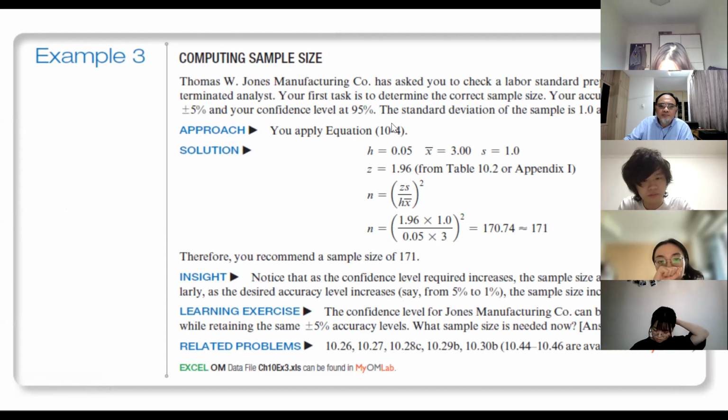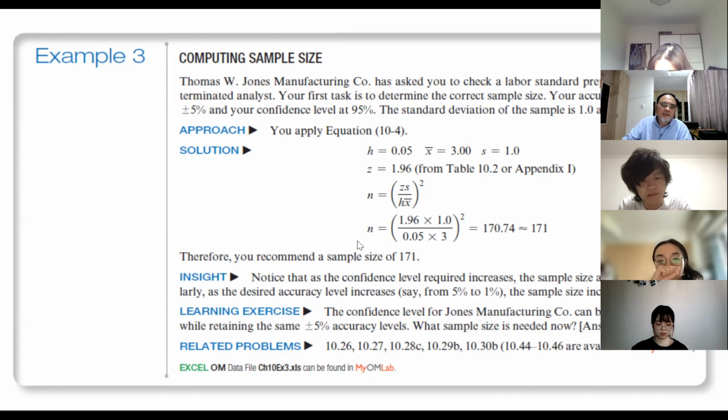Given that the sample standard deviation is 1 and the mean is 3, you just put these values into the formula. So h is 0.05, x bar is 3, s is 1.